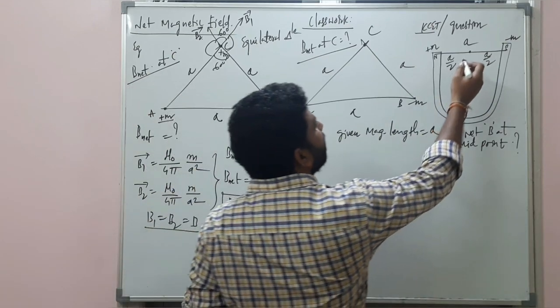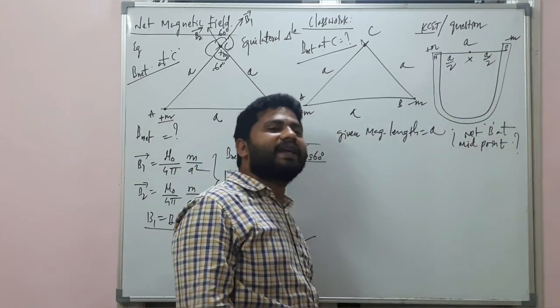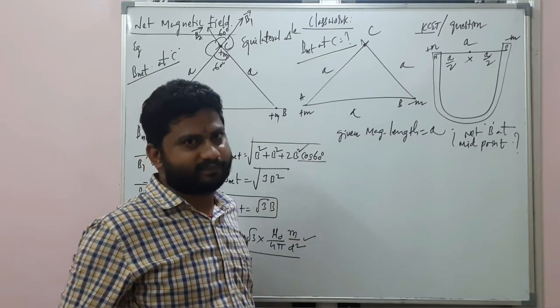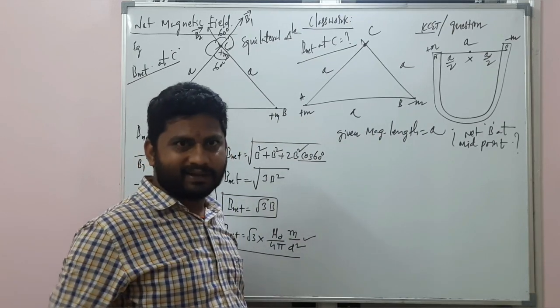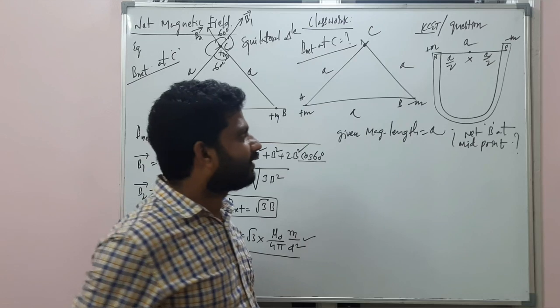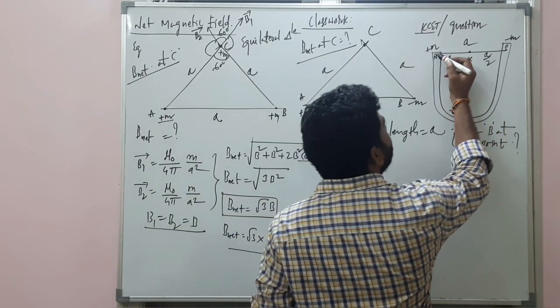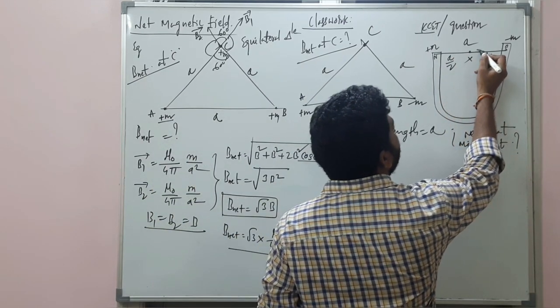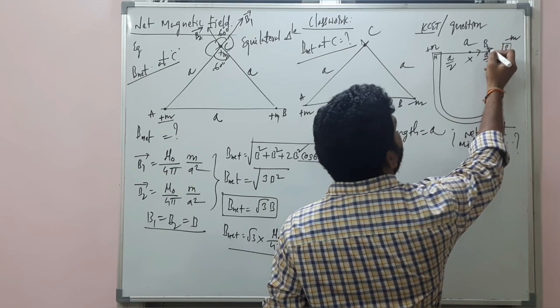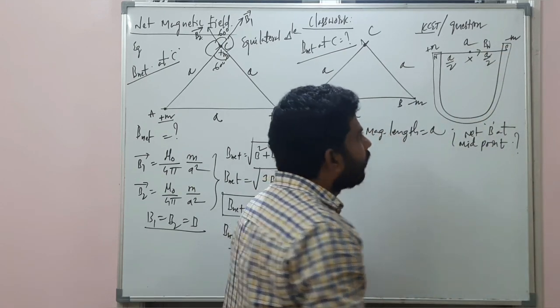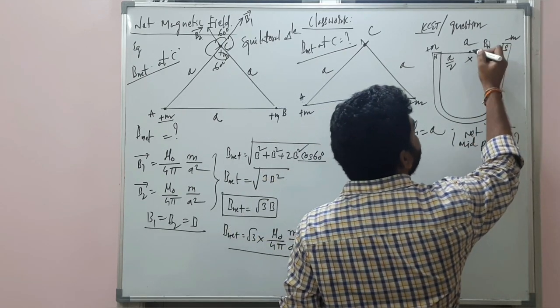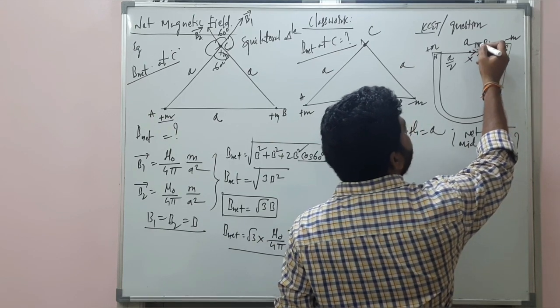Imagine at this point X you need to find the magnetic field. Is it simple? So simple. The magnetic field due to this will be in this way, so imagine that is B of north. The magnetic field due to this south will be in this direction. That is B of south.